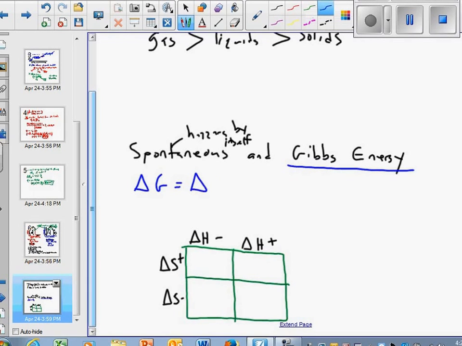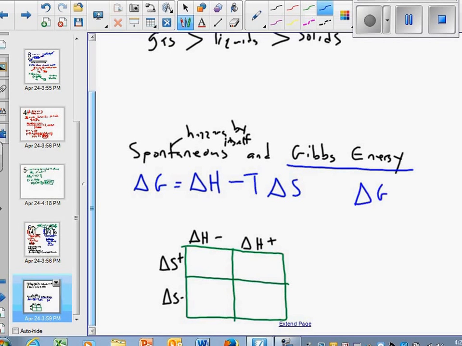The Gibbs energy is the enthalpy minus the temperature times the entropy. Okay? You don't really have to know a whole lot about this. You just need to know that if delta G is negative, it's spontaneous.